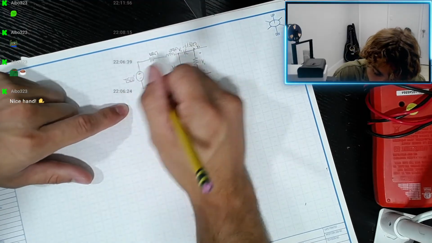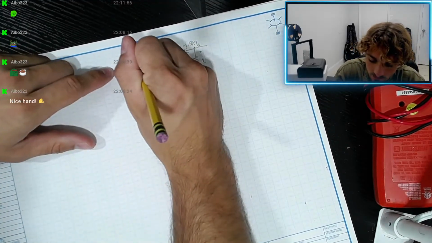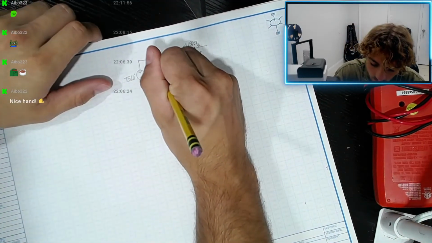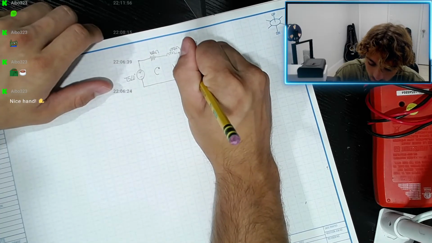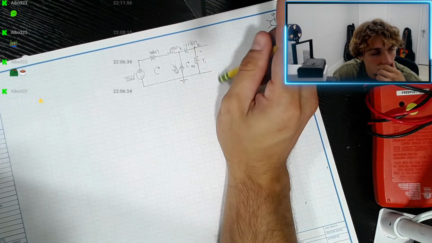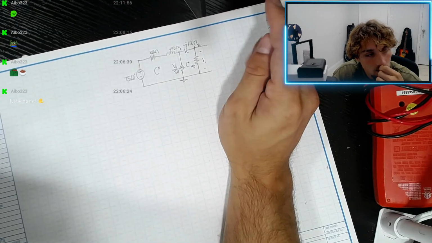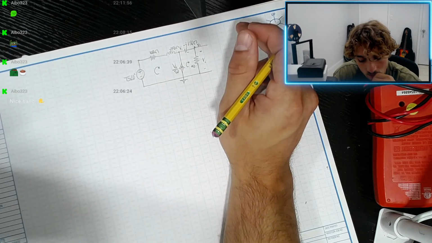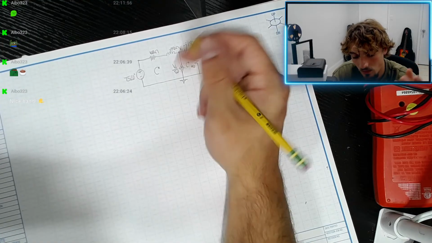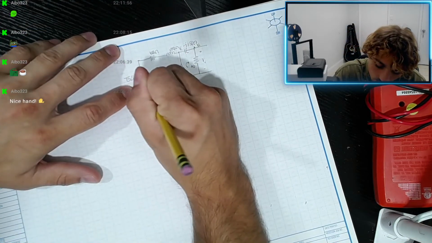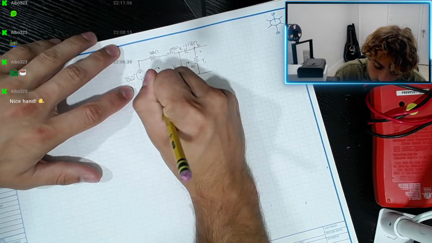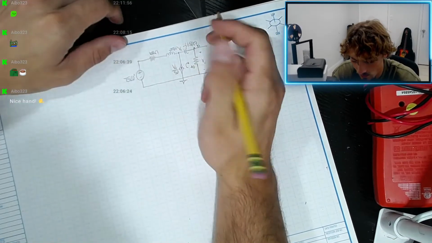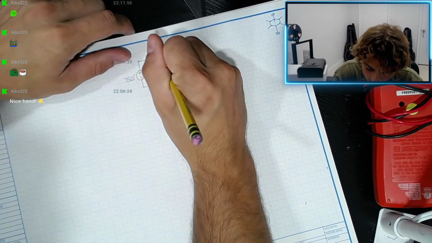The direction shouldn't matter, right, because we're finding the mesh currents. Wait, no. If I'm doing node analysis, therefore I need to define currents.